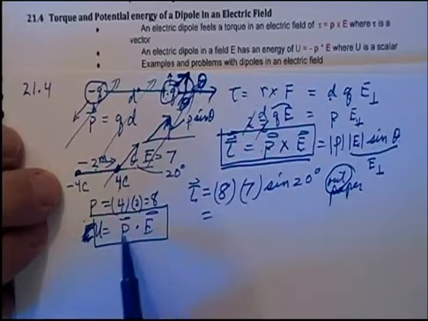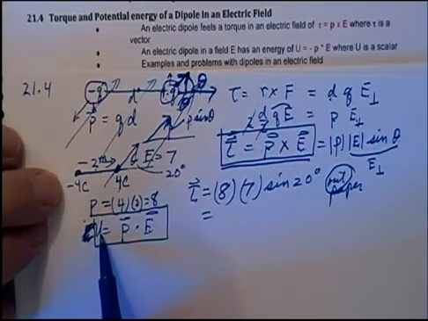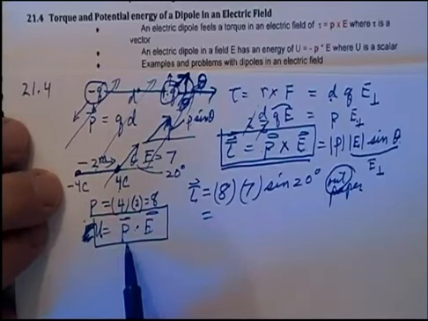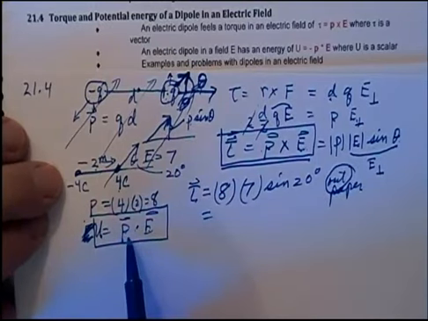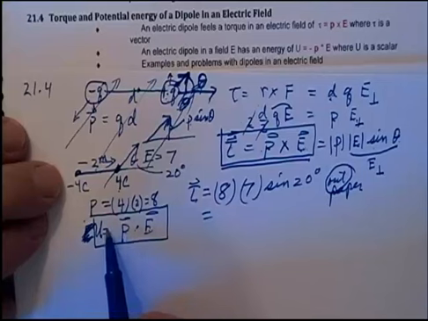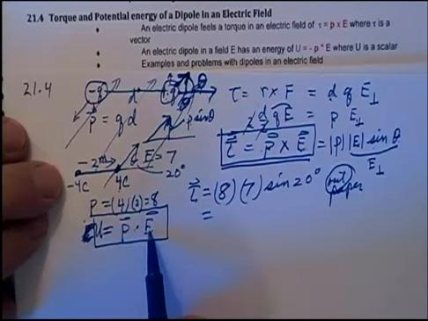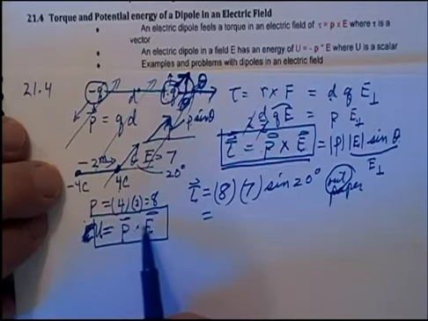But the dot product of two vectors gives you a scalar, and energy is a scalar. And this tells us that the energy that a dipole has in an electric field is P times E times the cosine of the angle between them.